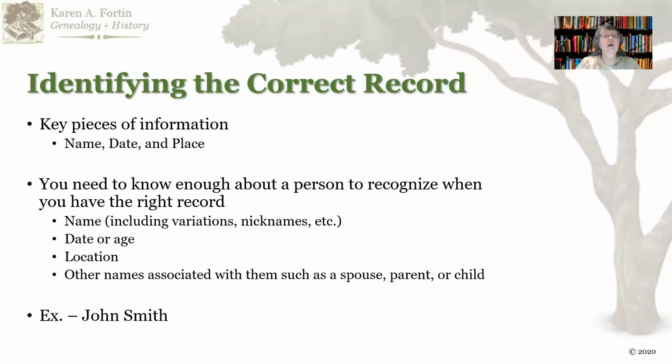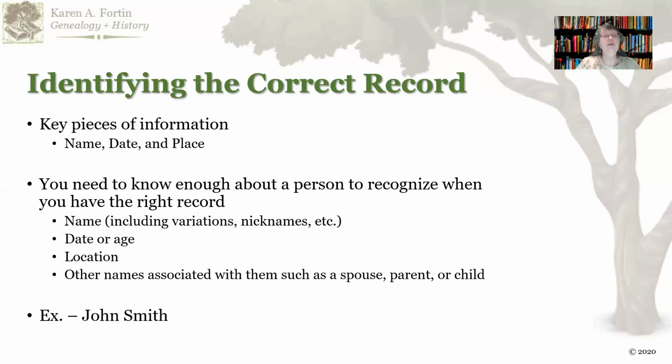In the past, our ancestors generally did not have to provide their exact birth date on a lot of records like we do today. So they may have just guessed or estimated what their age was on a given record. Or the person who was providing that information, such as a spouse or another family member, may not even know the exact age of the person they were providing the information about.